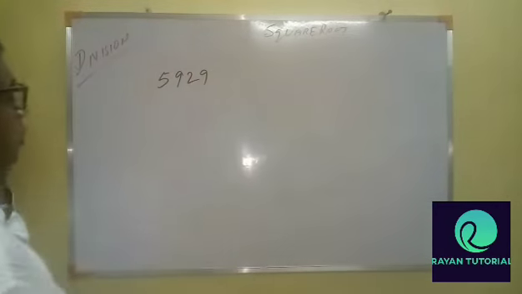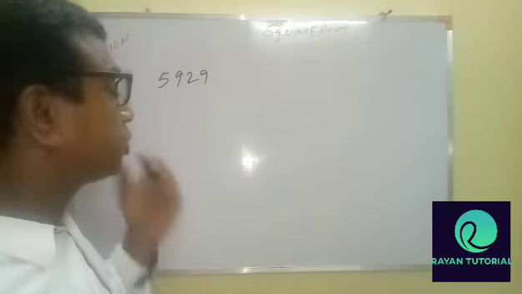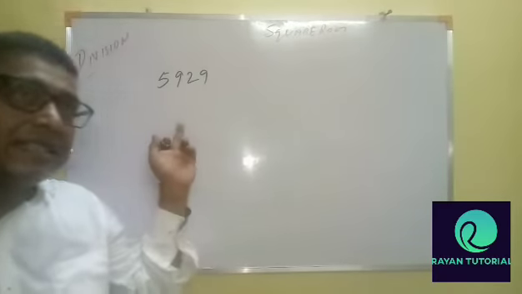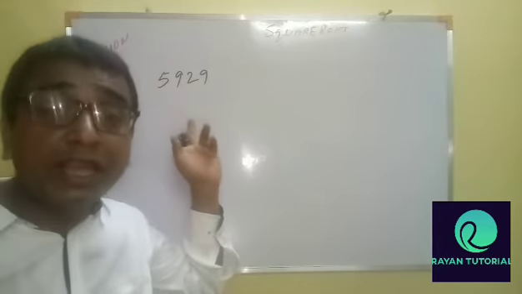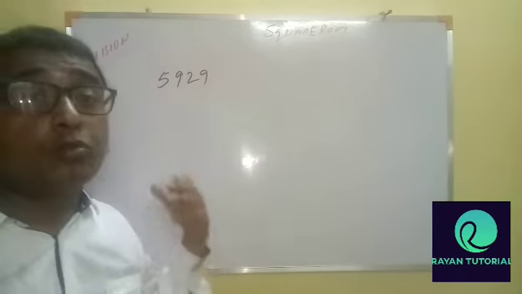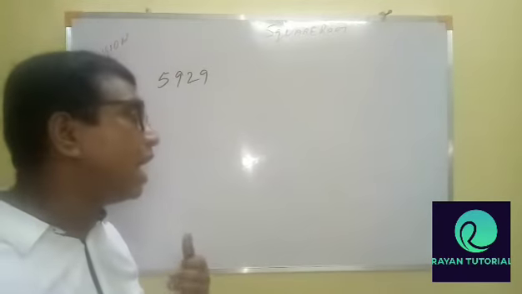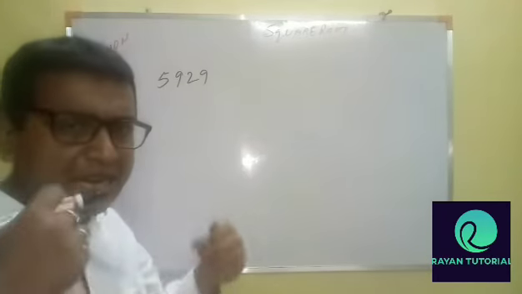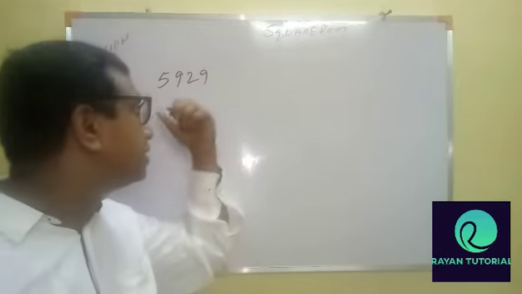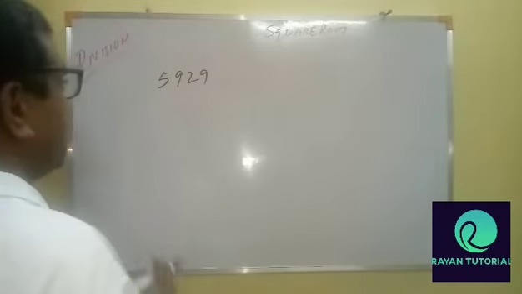How should we do this division method? My dear students, please practice this method more and more. This is much easier and more sophisticated, and you can do the sums more quickly if you get yourself expert in this division method.